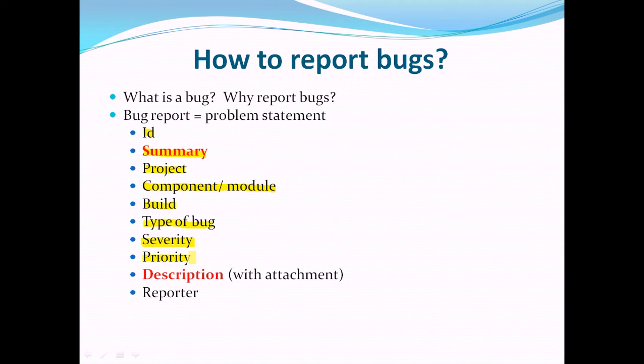So such a bug where the logo is incorrect on the home page will have cosmetic severity, but it can have urgent priority, even though it is a very less severe problem. It is a very mild problem. Still, it has to be fixed urgently because the priority is urgent.